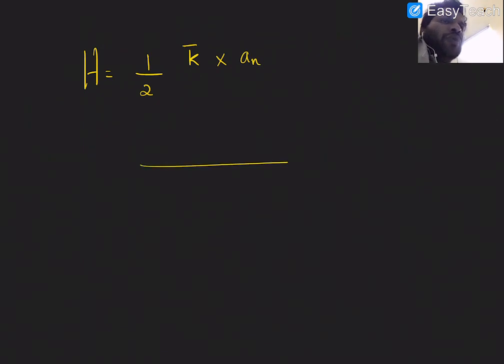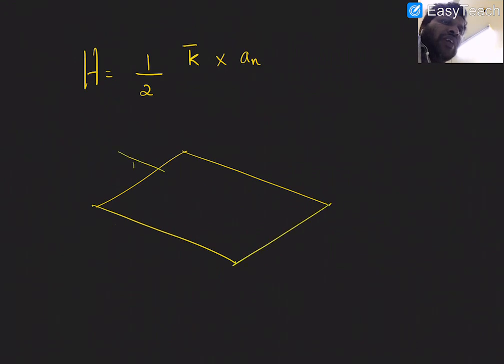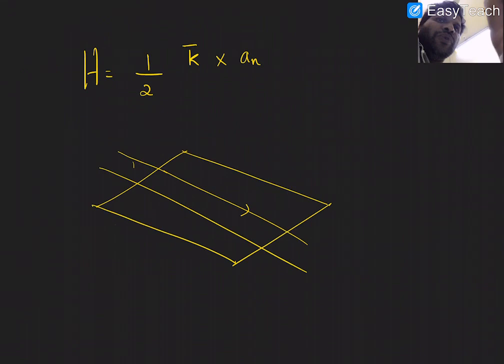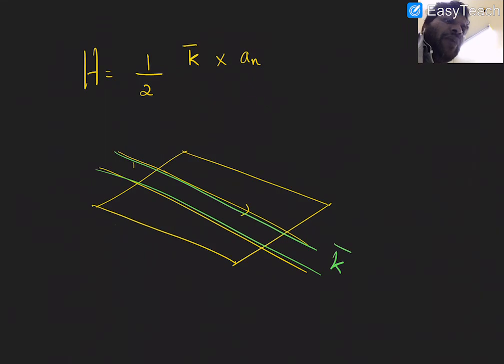So if you have a surface at any angle, suppose you have the surface like this, and the current is flowing like this. This is the direction of K, and the normal to the surface may be like this.